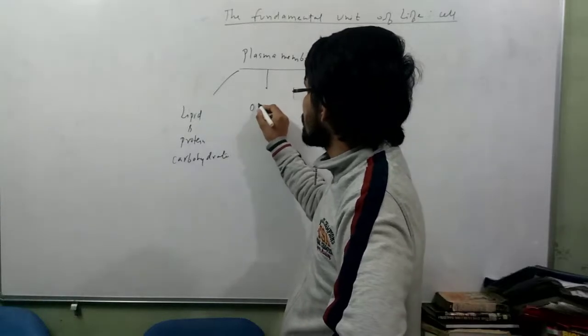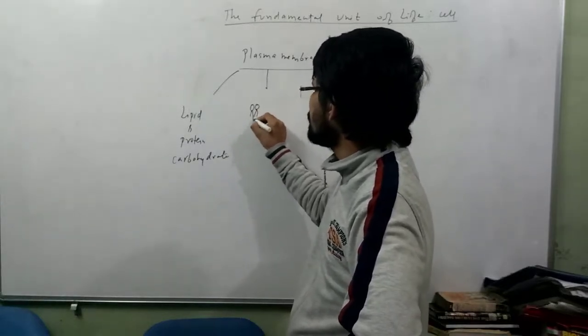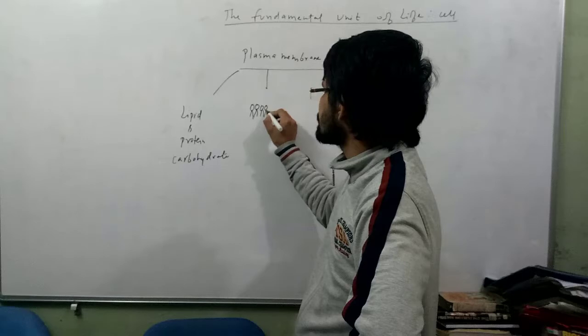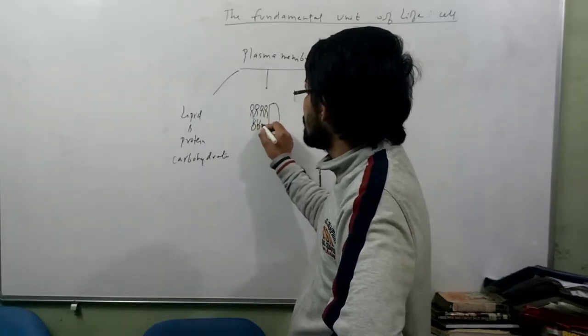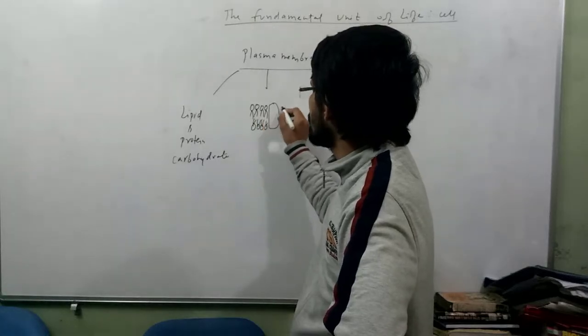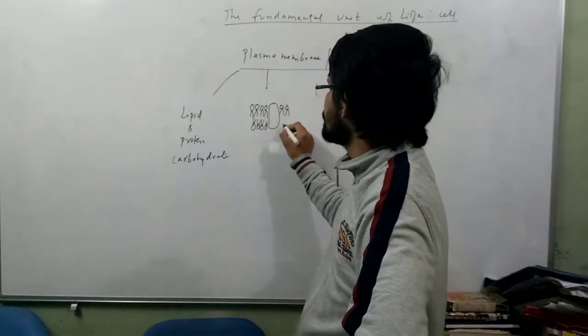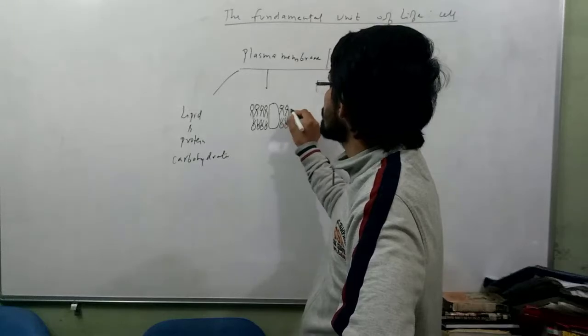So if you look at the structure of it, you will find some headed man-like structures here like this, and there will be a central dense mass which you can see over here. These headed structures are basically called your lipid molecules.